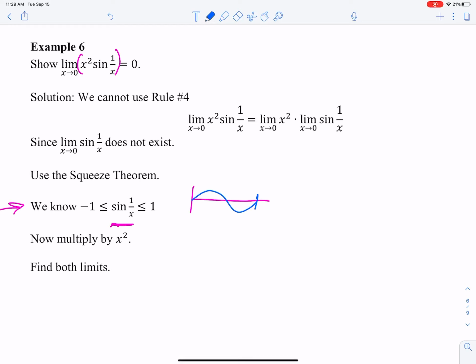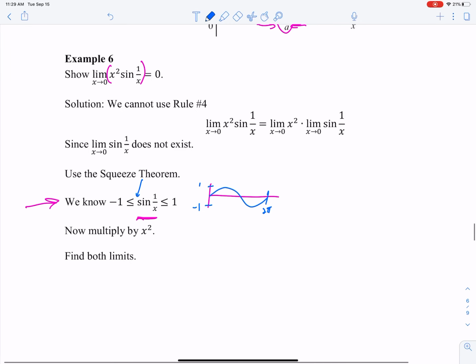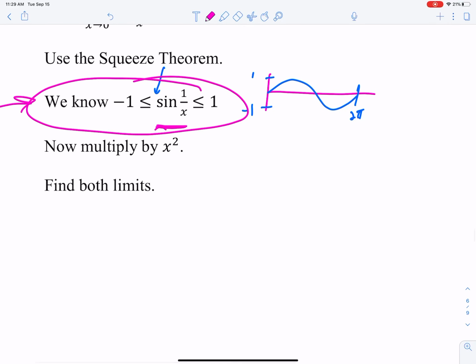We know the period is 2 pi, but since there's no coefficient in front, well, technically there's a 1, that means the amplitude is 1, which means the highest y value is +1, the lowest y value is -1. That's why we get that statement right there, where we know sine of 1 over x has to be between -1 and 1. Okay, so we're going to use that, and we're going to follow these directions here.